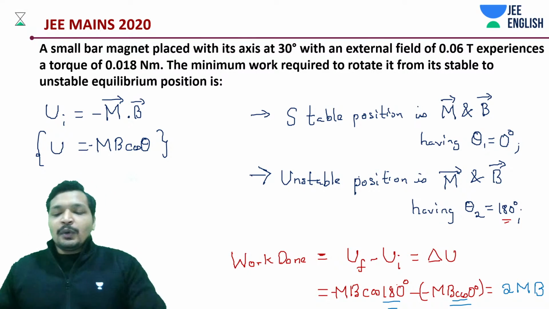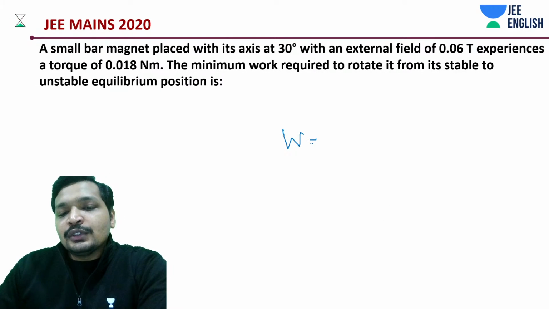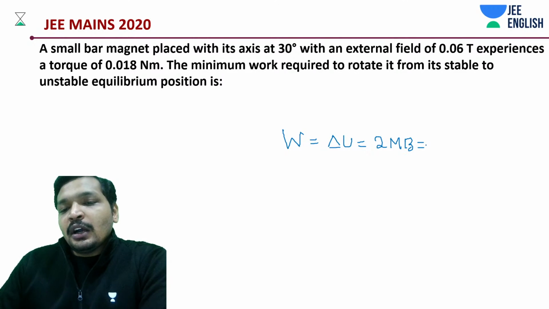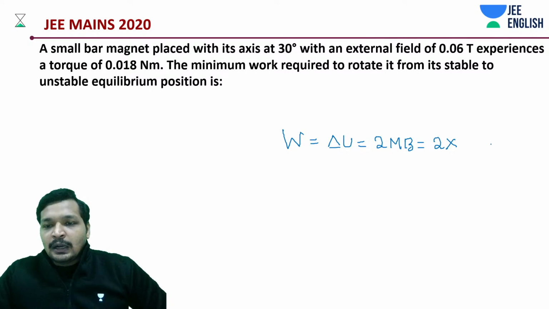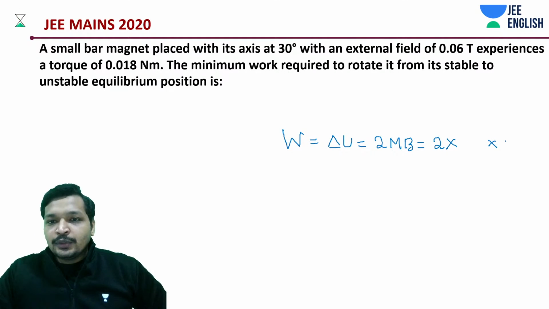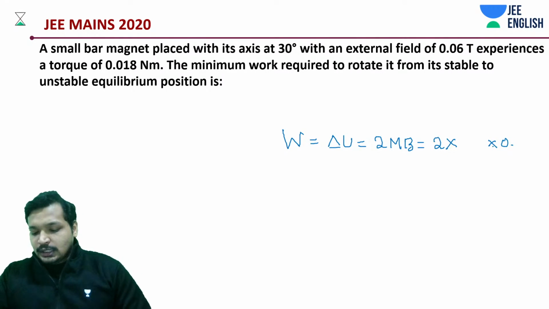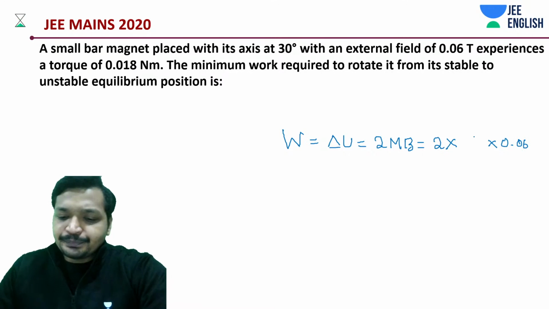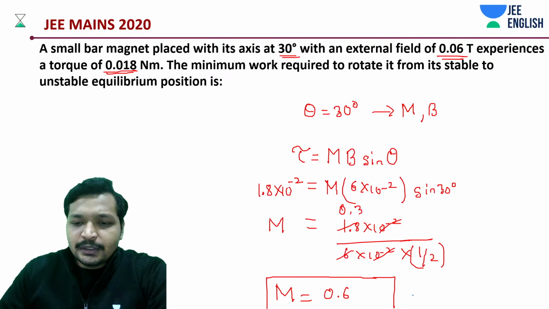So work done is equal to delta U is equal to 2mB, which is going to be how much? 2 into, we just derived the value of magnetic moment, 0.6, and the field is 0.0, right?